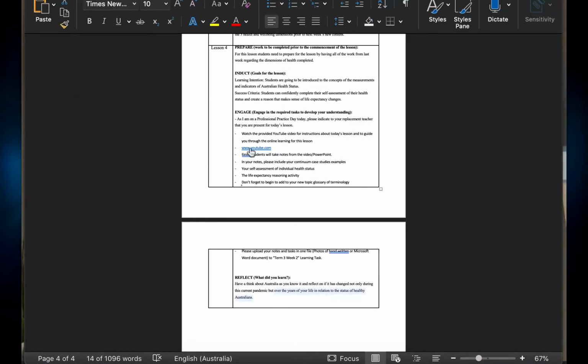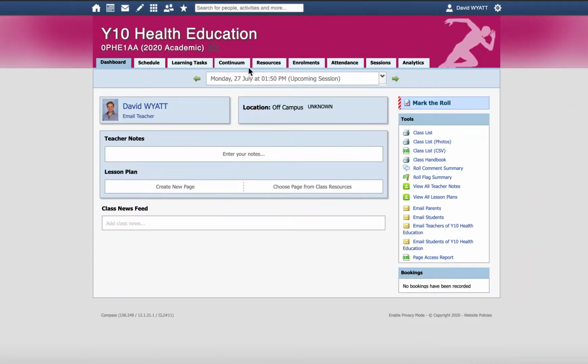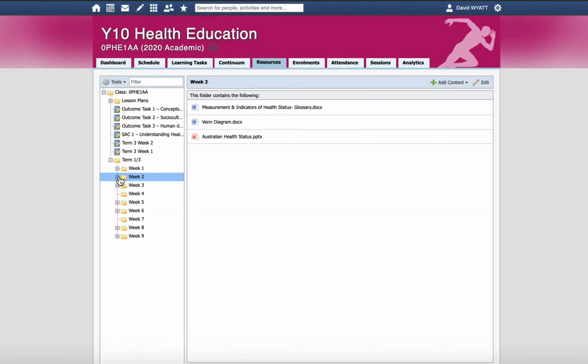So as we move through this, the work from today's lesson, which I've written out here, will be up on Compass once this video is completed and I paste it into this YouTube link. I wanted to show you now where to access this. So, reminder that in resources, I've already pre-uploaded most of the stuff. For today, in Term 3, Week 2, you're going to require this PowerPoint if you want to follow along yourself.